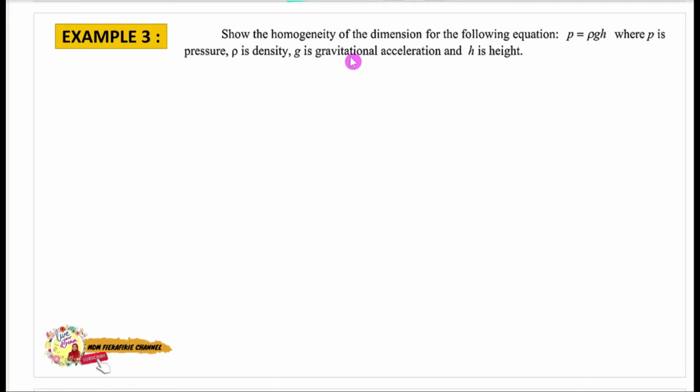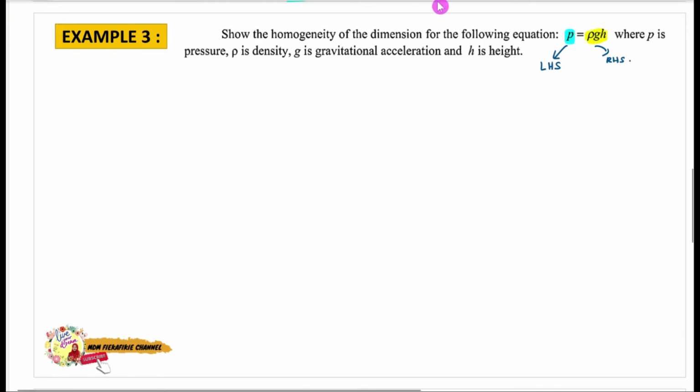Basically we want to show the homogeneity of the equation of the dimension. If we look at that equation, we have the left hand side, the blue color, and the yellow color is the right hand side. So we must know which is left hand side and which is right hand side.